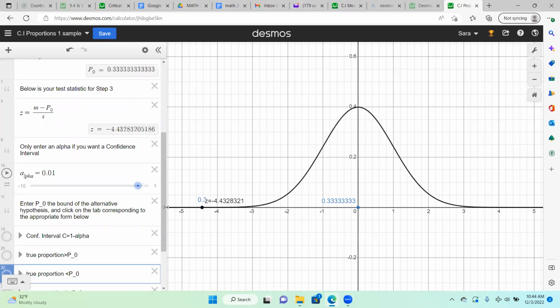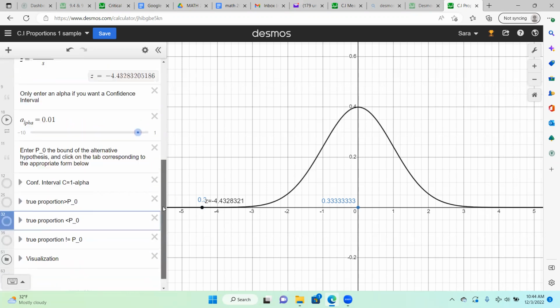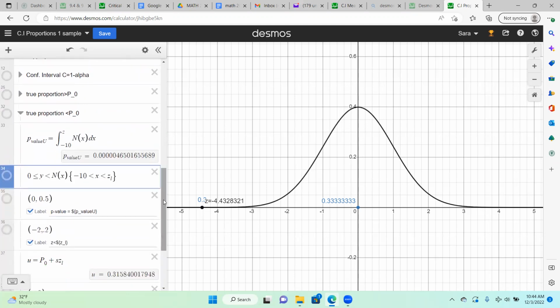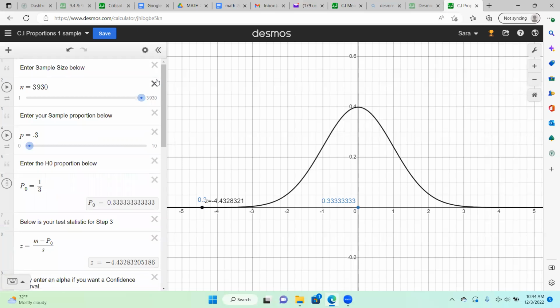So we can assume that our p-value is going to be very small, because you see on the graph here, it's way out here to the left. Our alpha we're using is 0.01. And because it's a left-tailed test, we're clicking on the less than. Notice that this is the one we're clicking on here. And then it gives us our p-value, which is very small, 0.000047. So there's 5 zeros, 0.000047. Again, that's what it looked like.